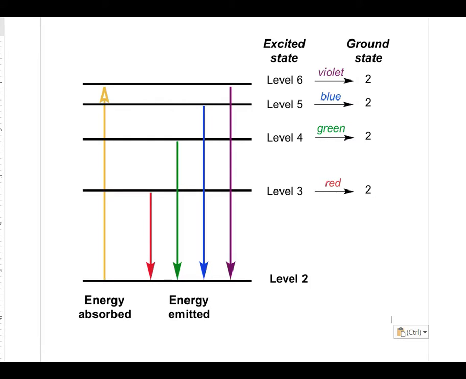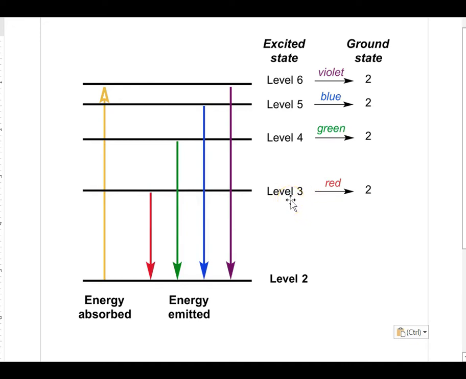So here is a picture that I found from Khan Academy that kind of explains this process. So notice that the ground state is going to be energy level 2. Let's say we just had a 1 level jump. We went from a ground state of 2 to an excited state of 3.